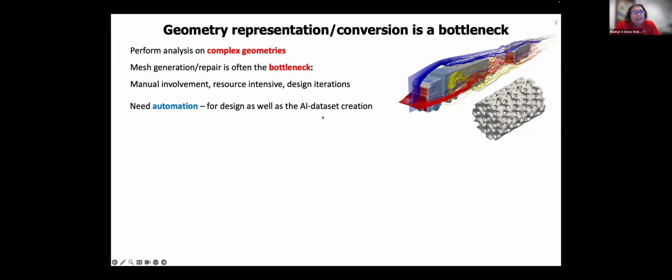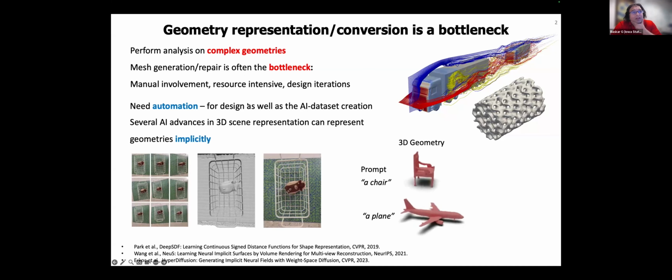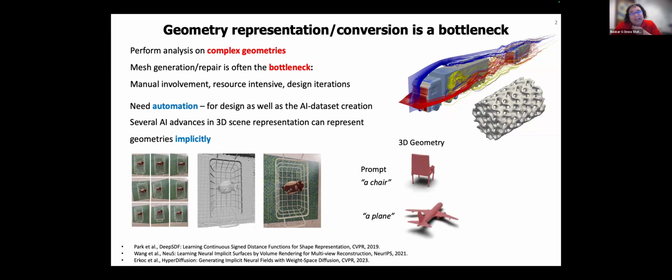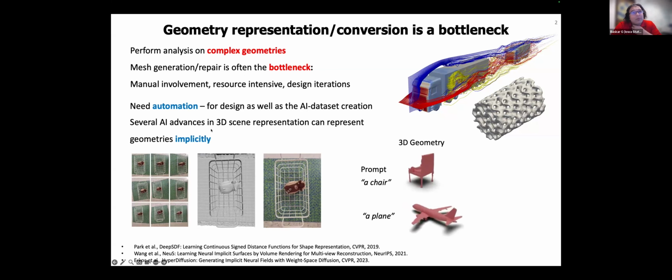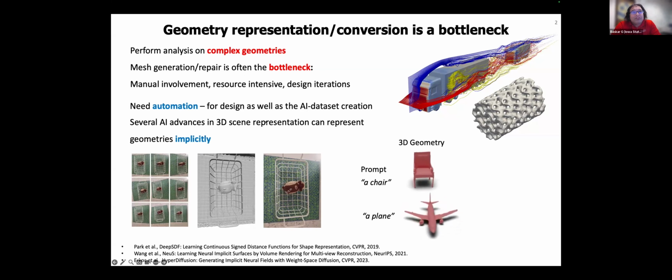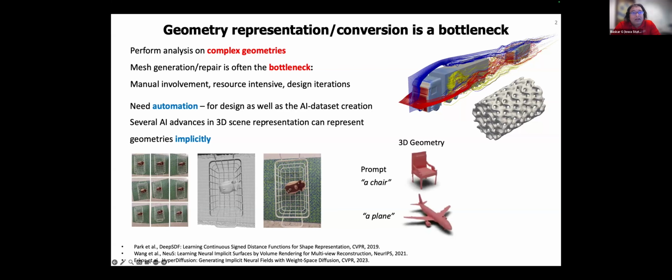Automation for design, as well as more recently for training neural surrogates, as hopefully the next speaker will have some exciting talk on. Especially if you want to create data sets over complex geometries, then you need some automation. And there have recently been several exciting AI advances in 3D scene representation. Essentially, what that means is you're able to represent a geometry implicitly.